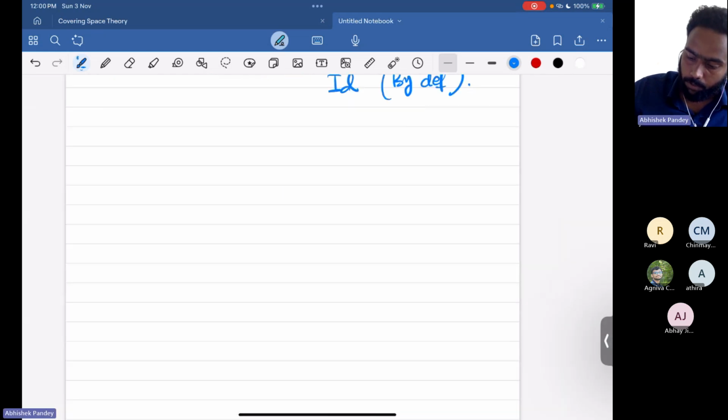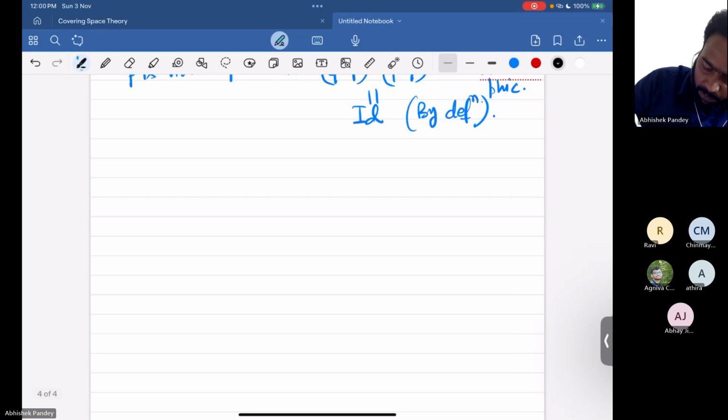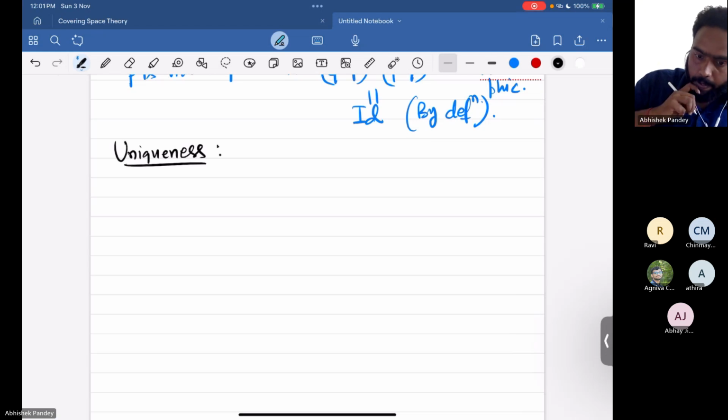So we will talk about the uniqueness. So regarding uniqueness, just bear with these notations.